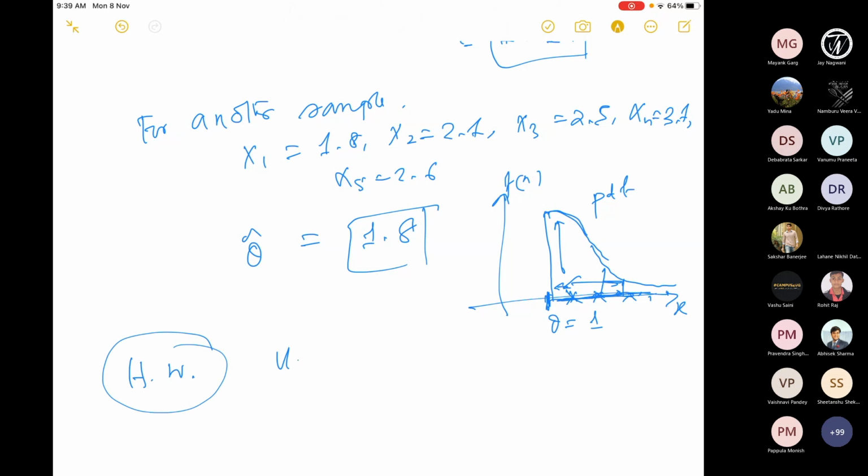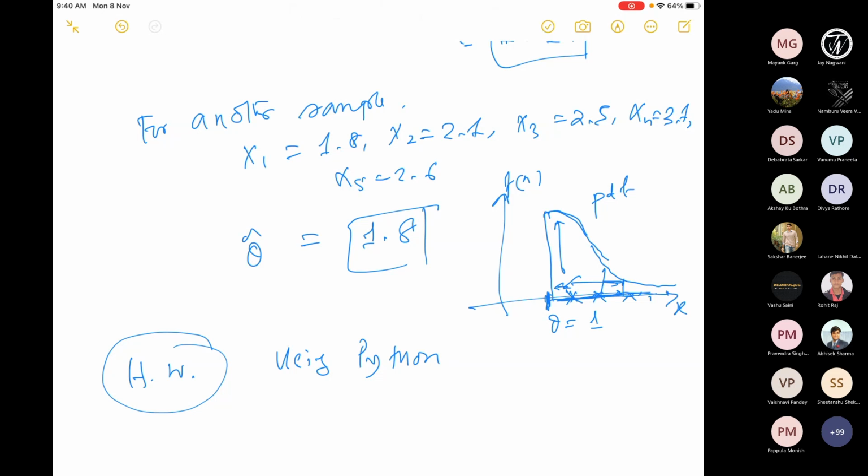Use Python to do this exercise, meaning use Python to sample data from a distribution, let's say uniform or normal, and use all these estimators which I'm talking about in this course. See how well they estimate the true value of theta.